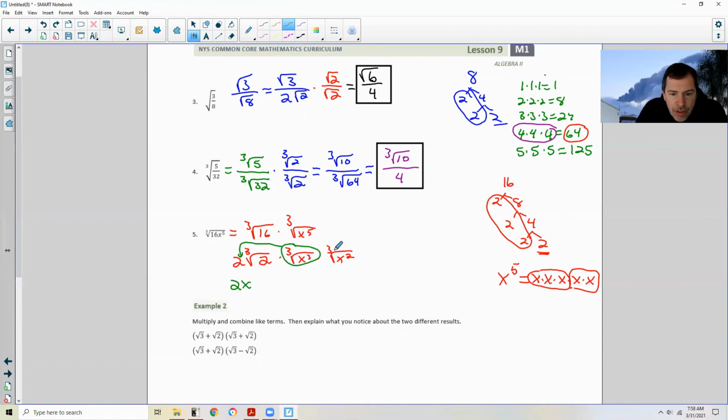But then we have the cube root of x squared and the cube root of 2. Well, I can put those together. So this can become the cube root of 2 times x squared, or 2x squared. Okay, combining the cube root of 2 times the cube root of x squared. So the answer to this is 2x times the cube root of 2x squared. So that is the answer to that.